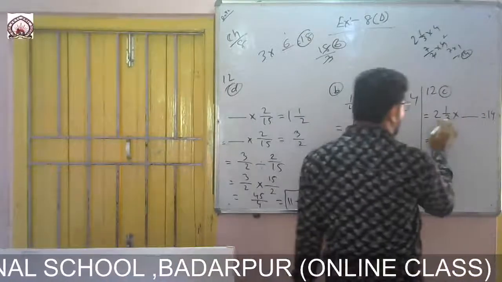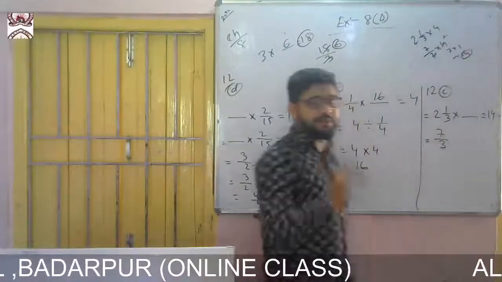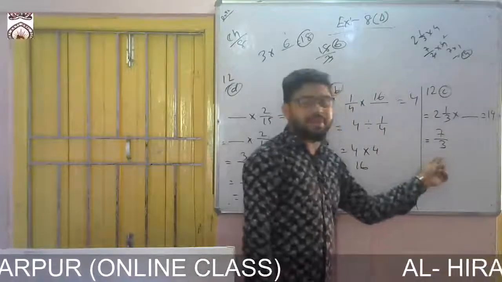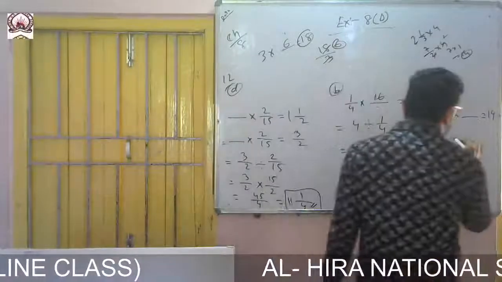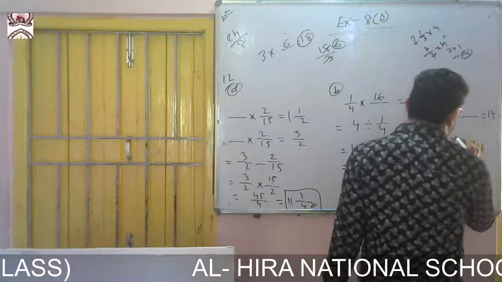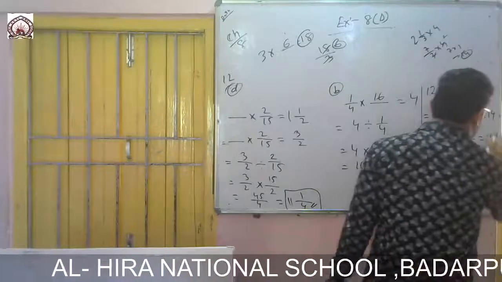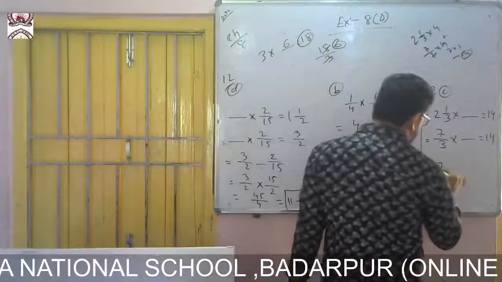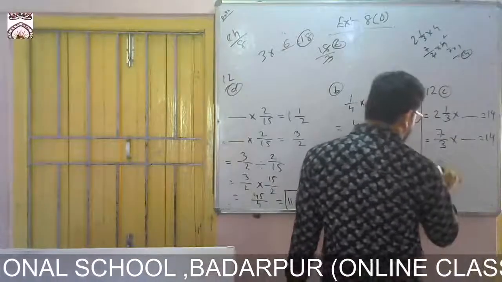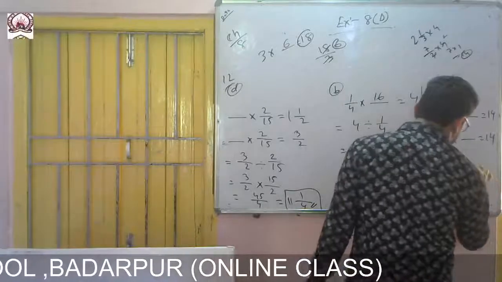First you break this one: 2 3s are 6, plus 1 is 7 by 3. Earlier I had written 7 by 2; now make it 3. Earlier I made a mistake. So into dash equals 14. Now you will get the answer. Divide 14 by 7 by 3.